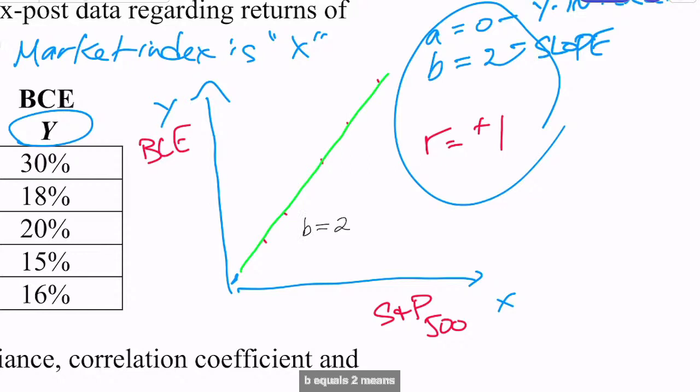B equals 2 means 2 over 1, right? So you interpret from here, remembering the units, right? The units are percentage.